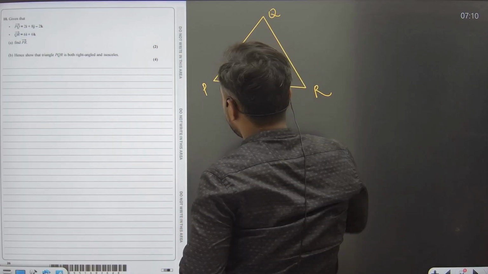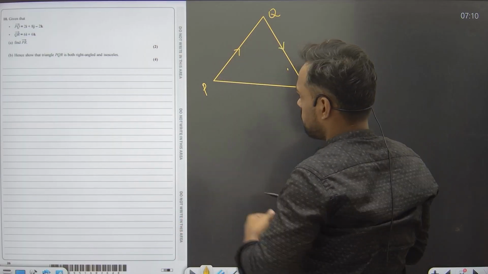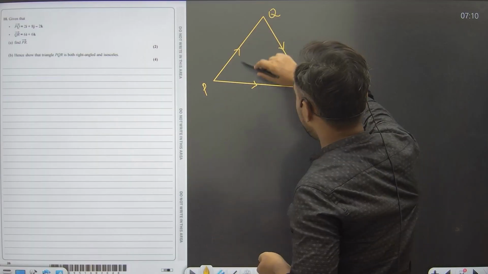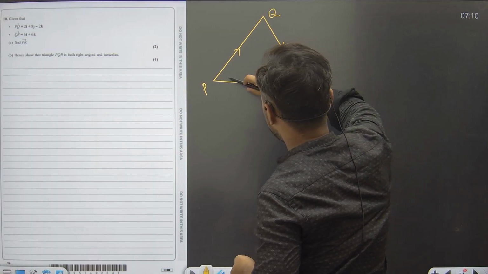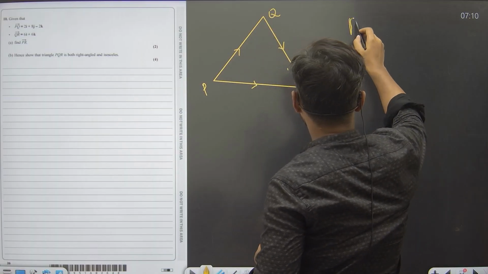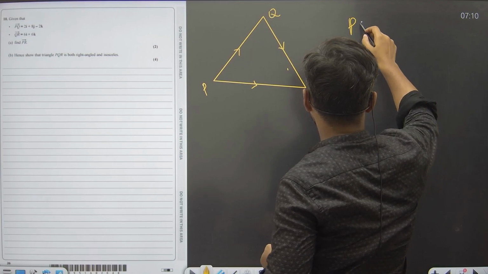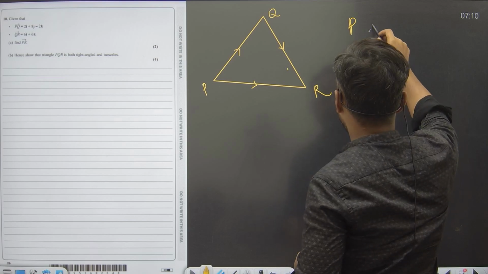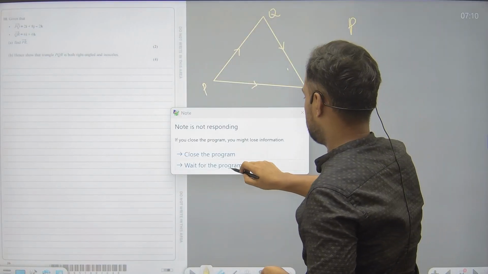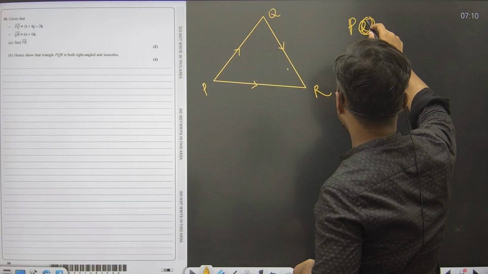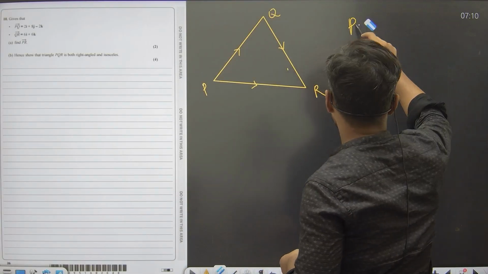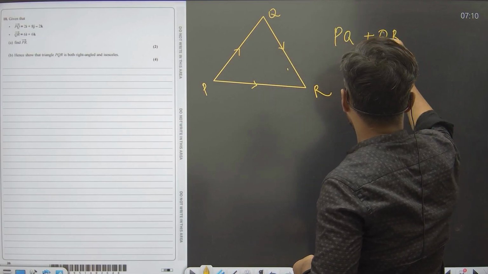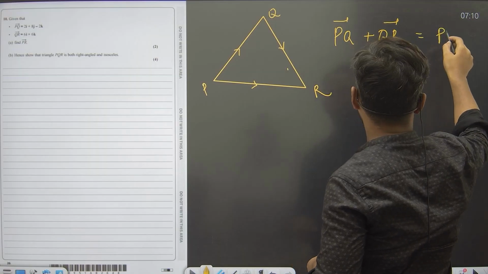So PQ vector is given and QR vector is given, students. We need to find PR. If we go through the direction of the vectors, we can see that PQ plus QR will be equal to PR.